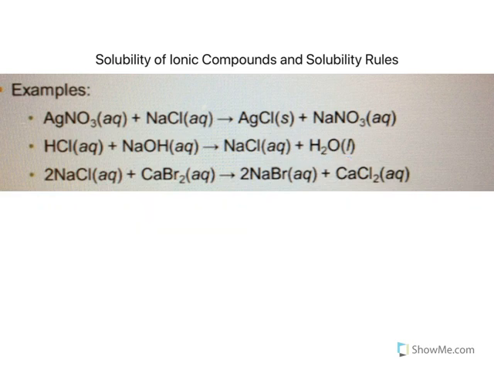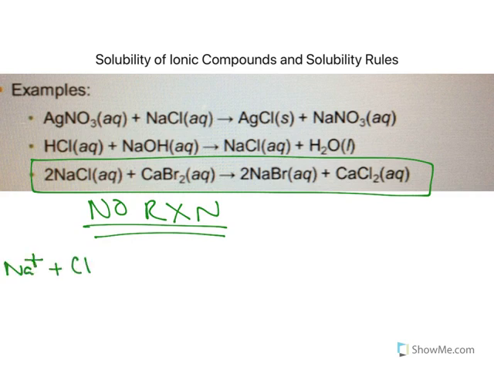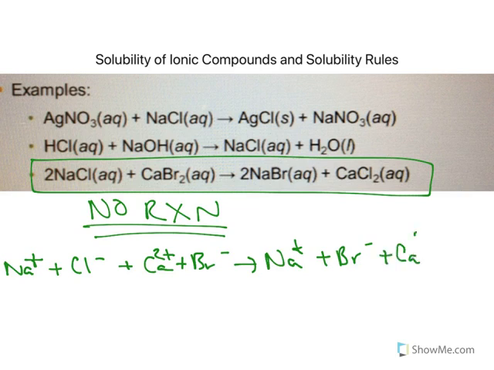Okay? And then in our last example, everything stays aqueous. So we would actually identify this equation as no reaction. This isn't a reaction, because if you look at the ionic equation, nothing really happened. We started with sodium 1 plus and chlorine 1 minus, calcium 2 plus and bromine 1 minus, and we're going to end up with sodium 1 plus, bromine 1 minus, calcium 2 plus, and chlorine 1 minus.